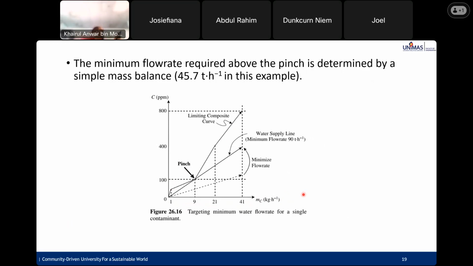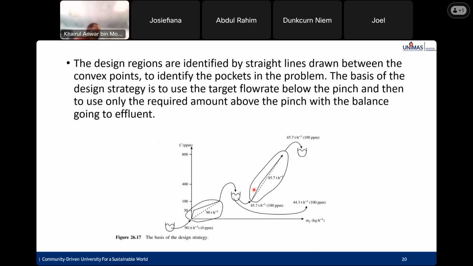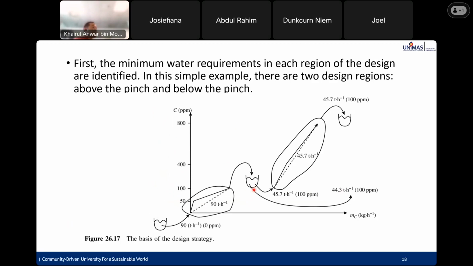So why 700? Starting from the pinch here is 100 and the end is 800, so 800 minus 100. So you get 45.71. That's how you know that only 45.7 goes to the next, while the rest goes straight to the water supply and water treatment.